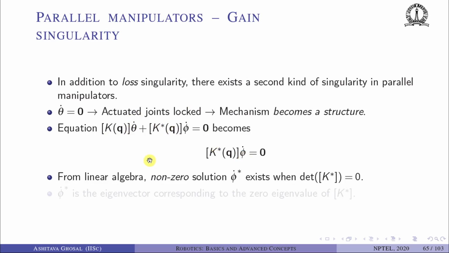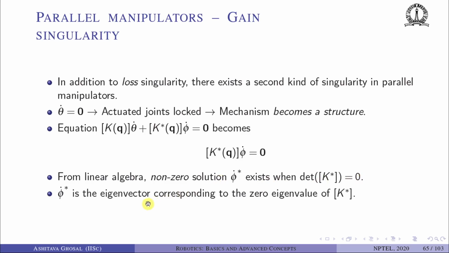So from linear algebra, we know that if you have a matrix equation A into x equal to 0, it can have a non-zero x when the determinant of that matrix is 0. So in this case, we can get a non-zero phi dot, denoted by phi dot star, when the determinant of k star is 0. Okay, and what is this solution phi dot star?